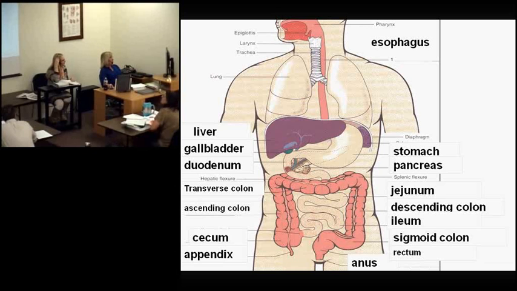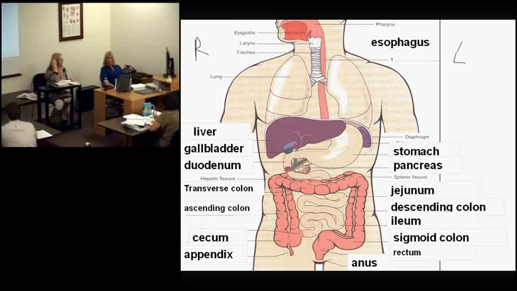And you know what I do when I'm trying to remember, when I'm looking at a diagram? I put right here and left here.